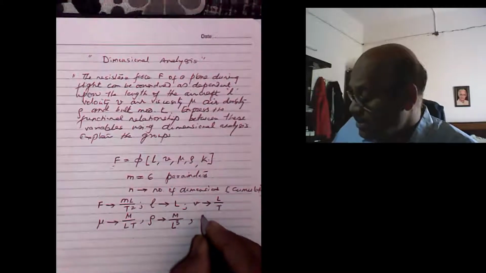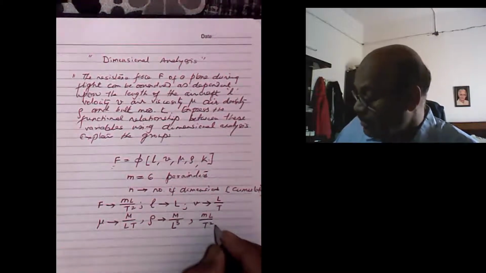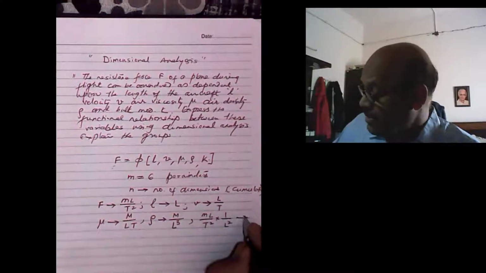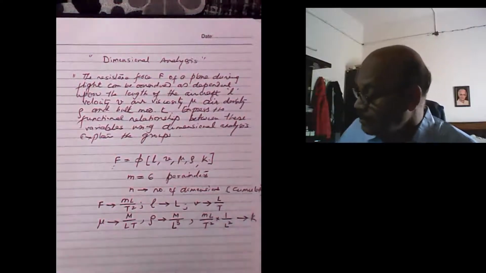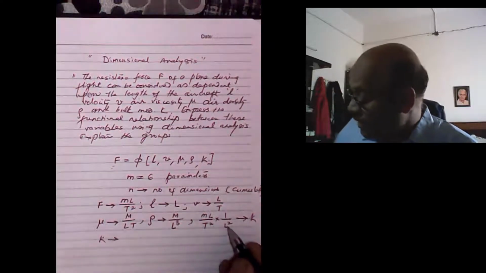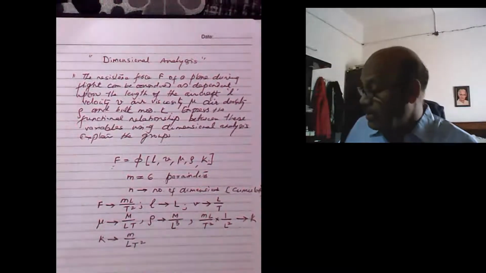Force is ML by T square, into 1 by L square. This is the dimension of K, force upon area. So K has the dimension of M by LT square.